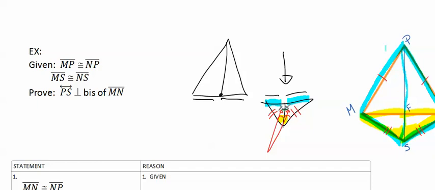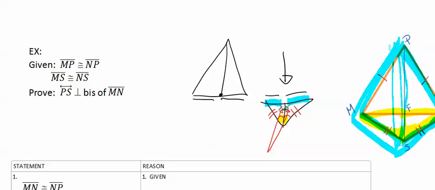What we first did is we started with getting those larger triangles congruent. And that allowed us to get some angles congruent, which then allowed us to move to the smaller triangles being congruent, which has allowed us to do the angles and the segments congruent.